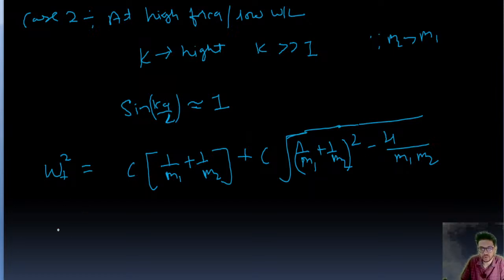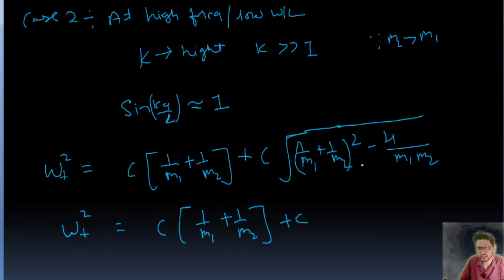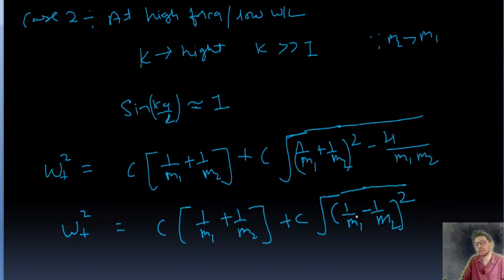So omega plus square at high frequency is c into 1 upon m1 plus 1 upon m2, plus c times root of 1 upon m1 minus 1 upon m2 whole square. If you open it, we get this value.